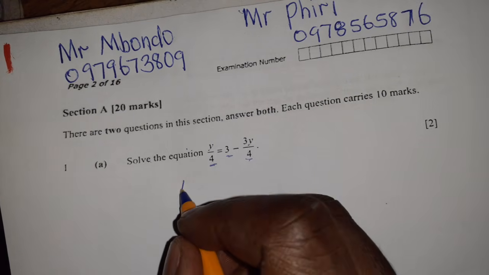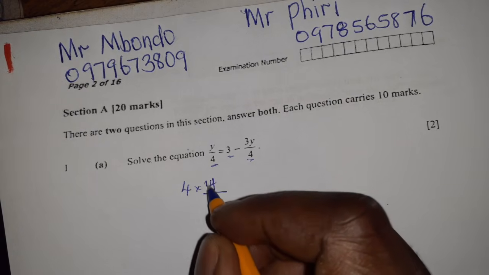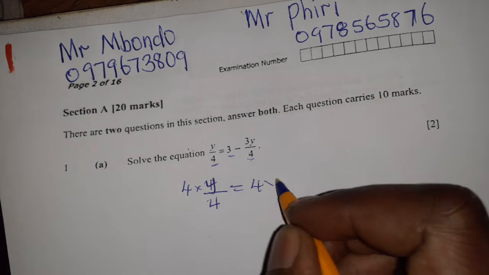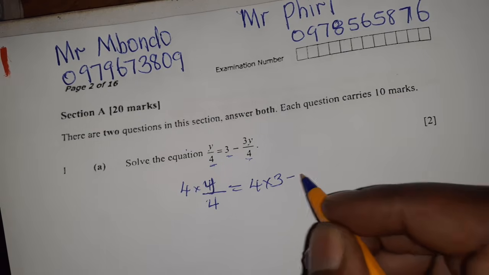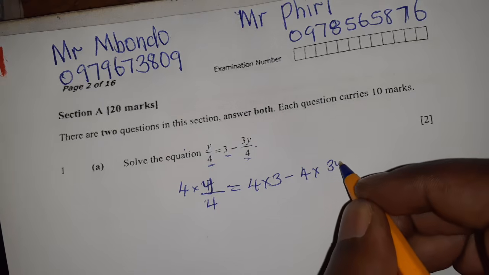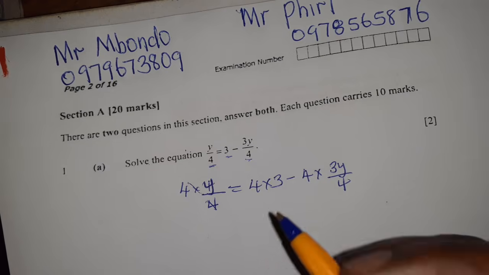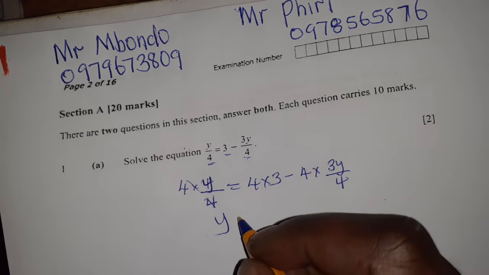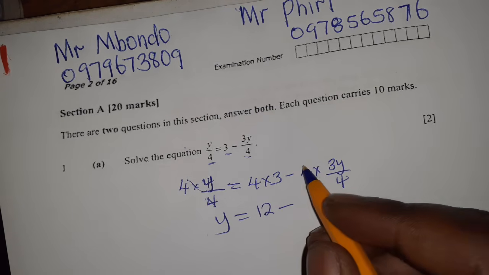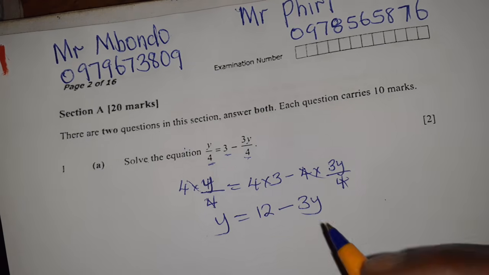So we're going to say 4 multiplied by y over 4 is equal to 4 multiplied by 3 minus 4 multiplied by 3y over 4. Here we get 1, so we remain with y. This is equal to 12 minus, and that also gives us 1, so minus 3y.